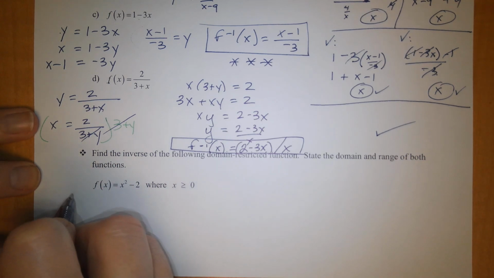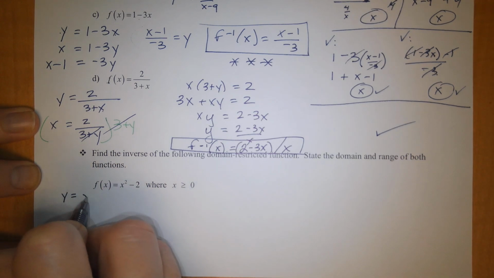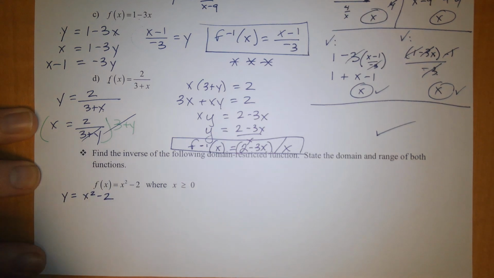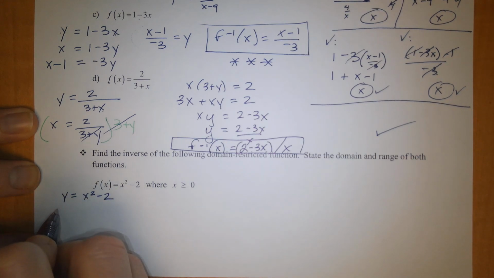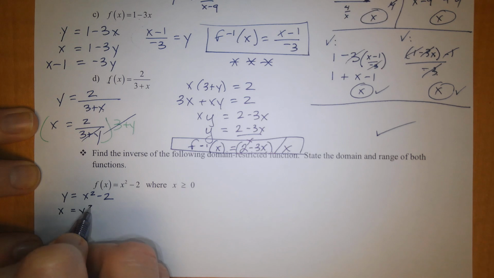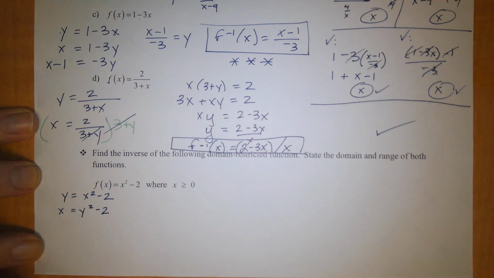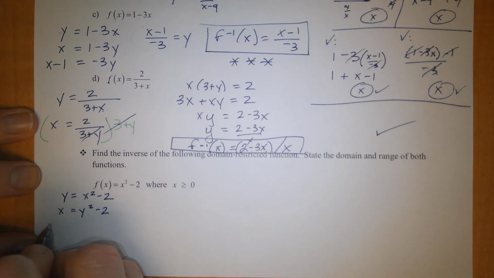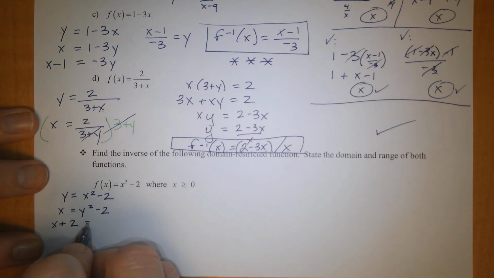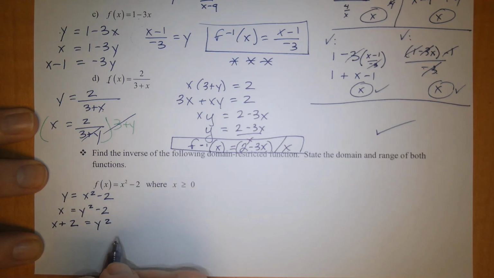So first step is to substitute y in for f of x. Then swap the y with the x. And solve for y if possible. So let's add 2. And then we're going to have to take the square root of both sides.